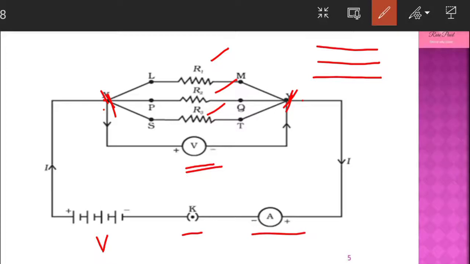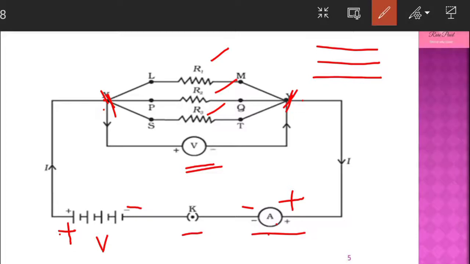Now see how the ammeter has been connected here. The positive terminal of the battery is connected to the positive terminal of the ammeter. The negative terminal of the ammeter is connected to the negative terminal of the battery. This is how we connect an ammeter.